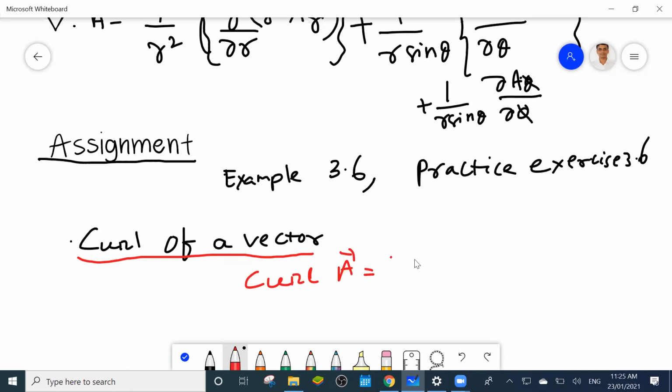That is del cross A. So this is the difference between gradient, divergence and curl. This is a vector, this is a vector, so the cross product of two vectors is always a vector quantity. Dot product is a scalar quantity. So this is always a vector quantity.